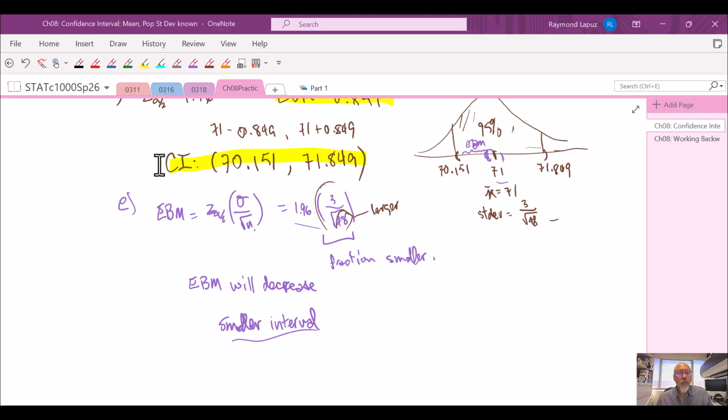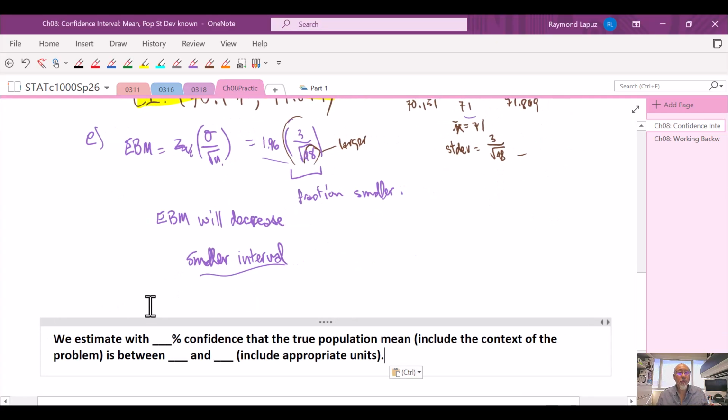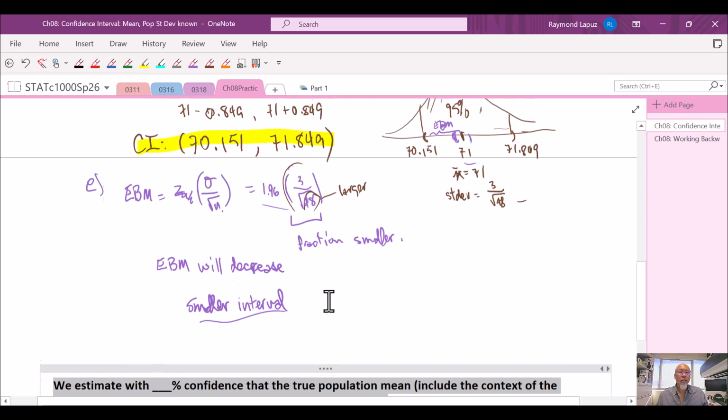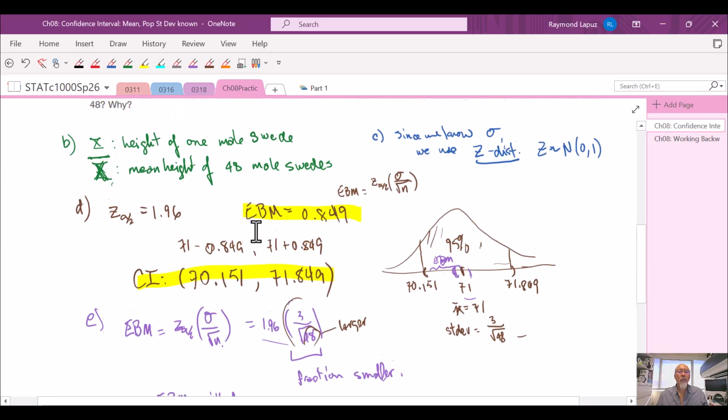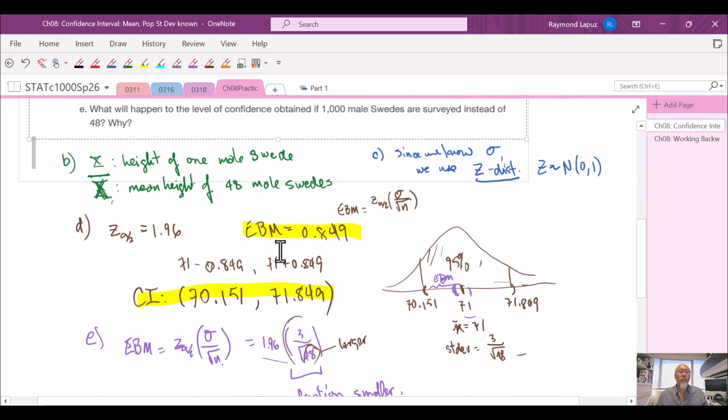Now, before we go, I want to circle back and take a look at our confidence interval again. Our CI is going to be (70.151, 71.849), but we always want to be able to say this in words, so I'm going to include this sentence that discusses what we just found. We found a bunch of numbers. What do they actually mean? So we'll start off with the confidence level of 95.